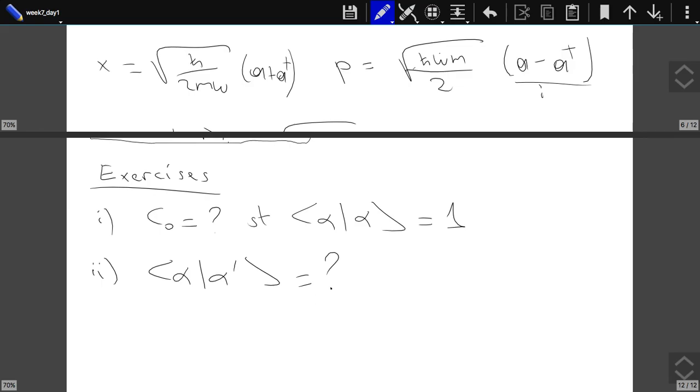We have the proof that the eigenkets of a Hermitian operator that have different eigenvalues are orthogonal to each other. But this is not a Hermitian operator. So our proof doesn't apply here. Alpha and alpha prime need not be the same.